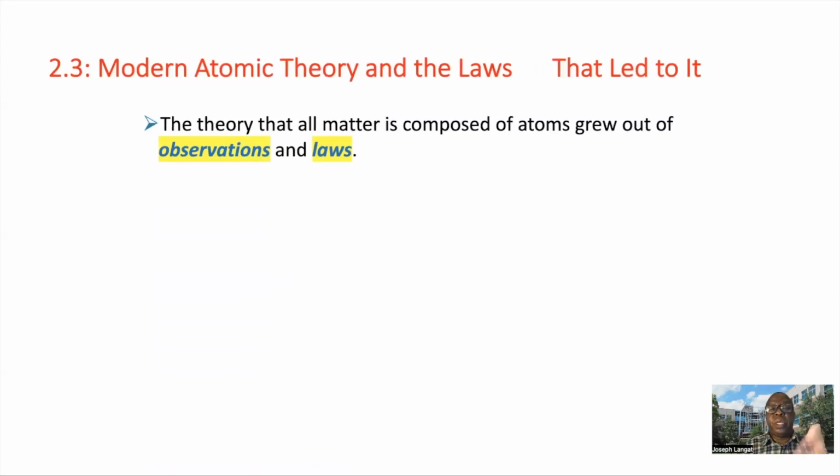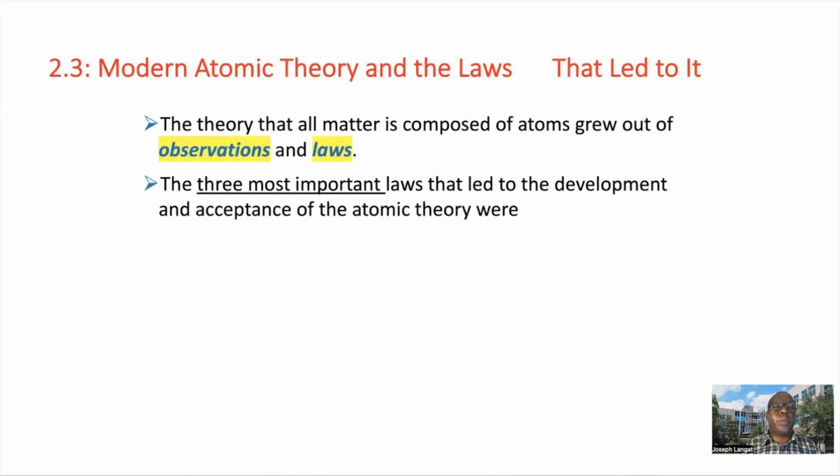Dalton's atomic theory, that all matter is composed of atoms, grew out of observation and laws. Remember: observation, experiment, theory, scientific law, and so forth. This is what he proposed.